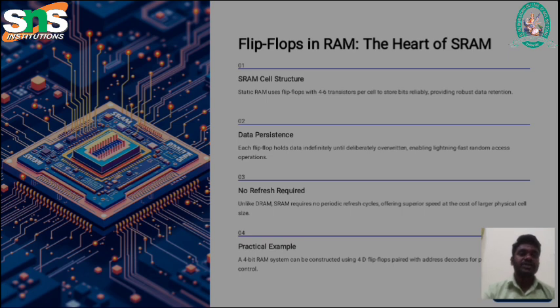No refresh is required, so it is a very fast one. We need not refresh the system or computer; it automatically refreshes and gives good output delivery, so the action is fast while using computers. Practical examples: a 4-bit RAM system can be constructed using four different D flip-flops, one of the types of flip-flops.